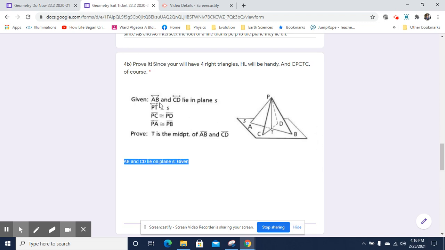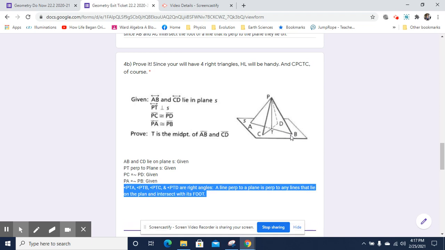We know that AB and CD lie on the plane S. That's plane S. And we know that PT here is perpendicular to plane S. And then we also know that PC and PD are congruent. That's given. And PA and PB are congruent. That's also given.